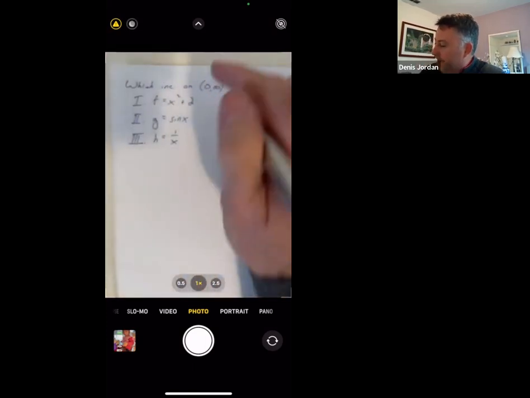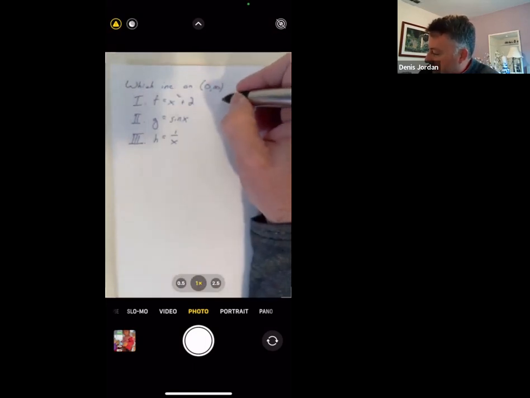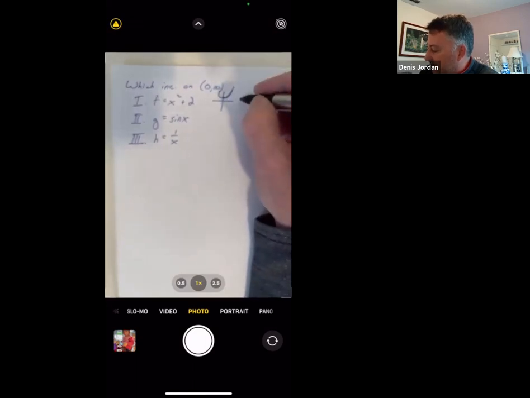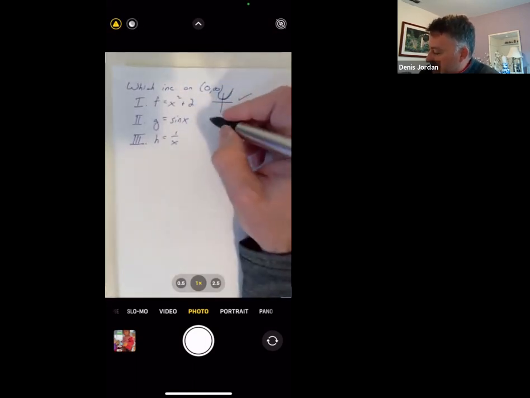So x squared plus 2, that's just a parabola with the vertex right there. So it's going up from 0 to infinity. Sine of x, that's your wave.